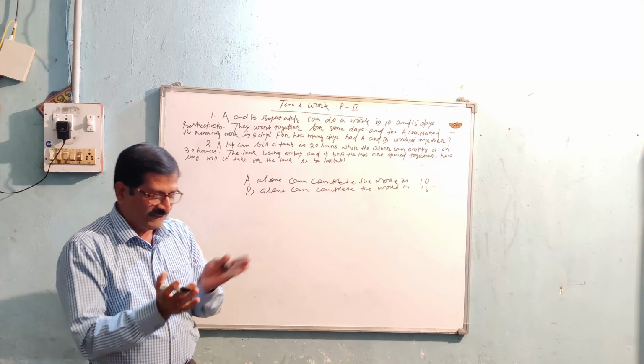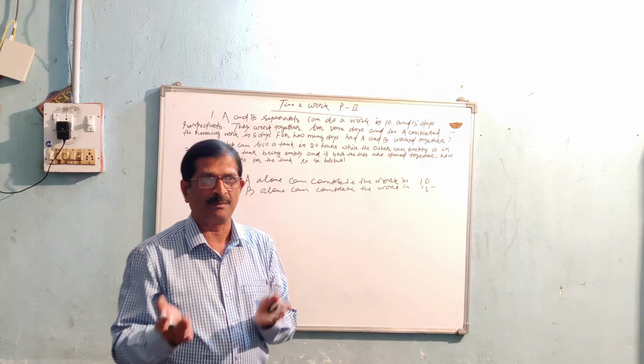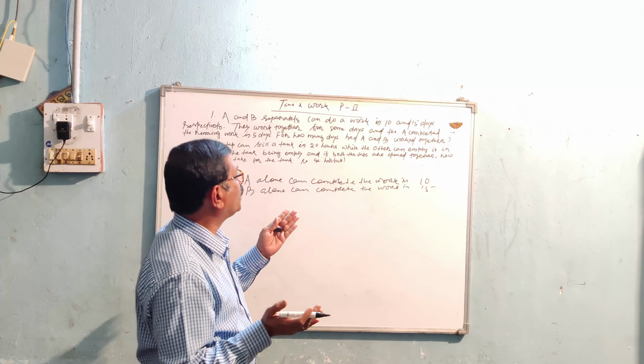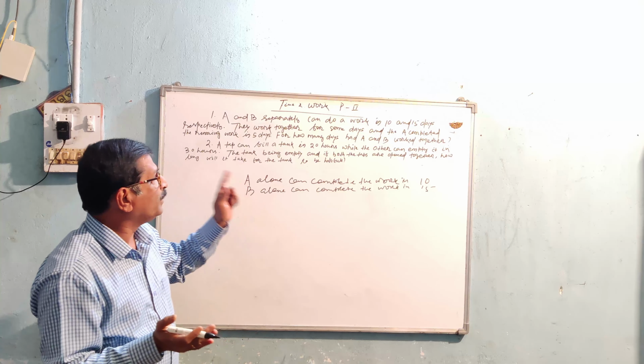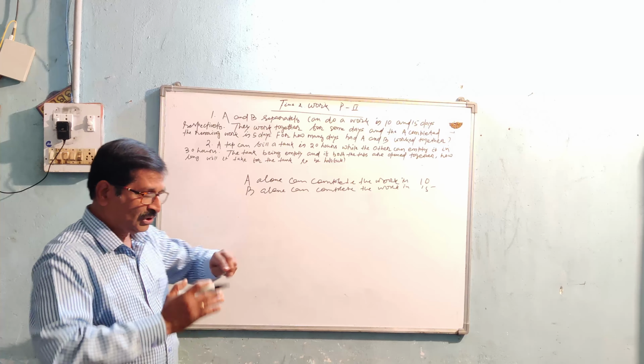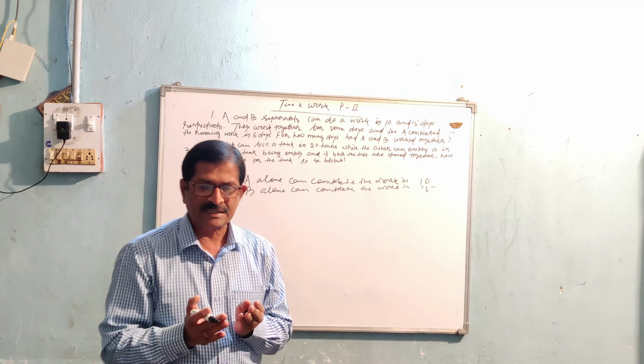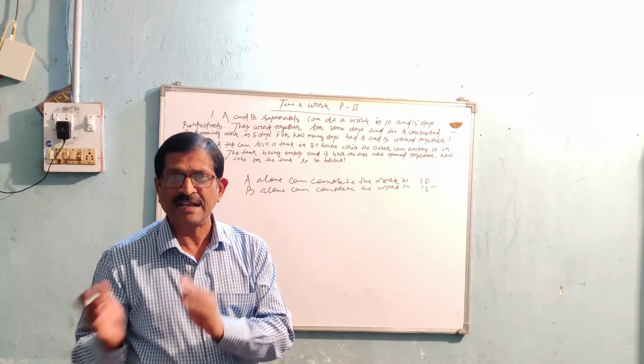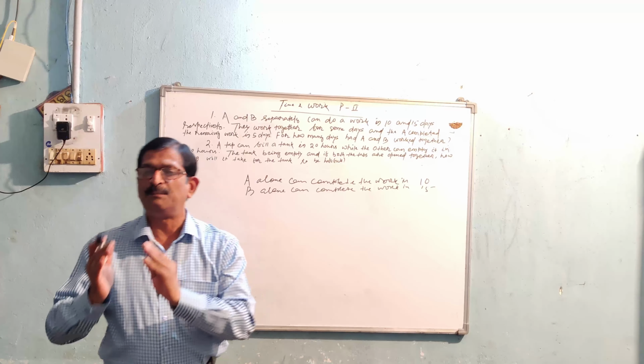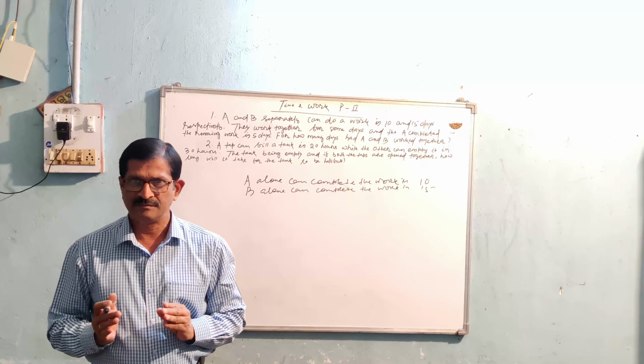And it is given they have worked together for some days, which is not known to us, and after working together B has left and A alone has completed the work.